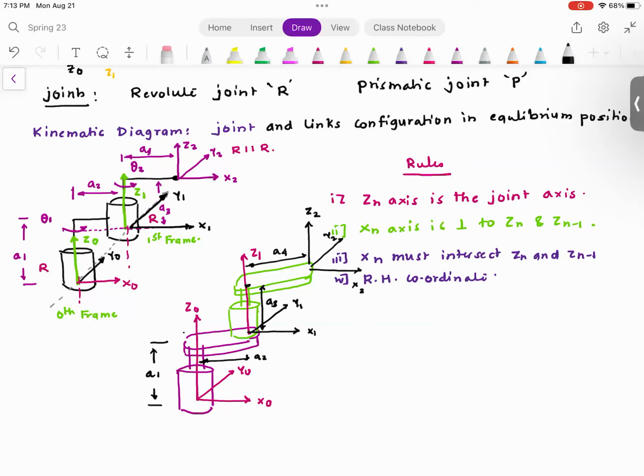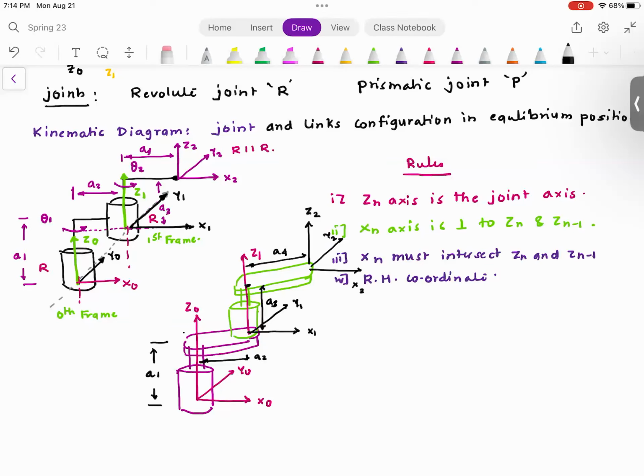These A2 and A4 are not the link lengths, right? Basically, these are the distances between the coordinate frames. Okay. Any question here?